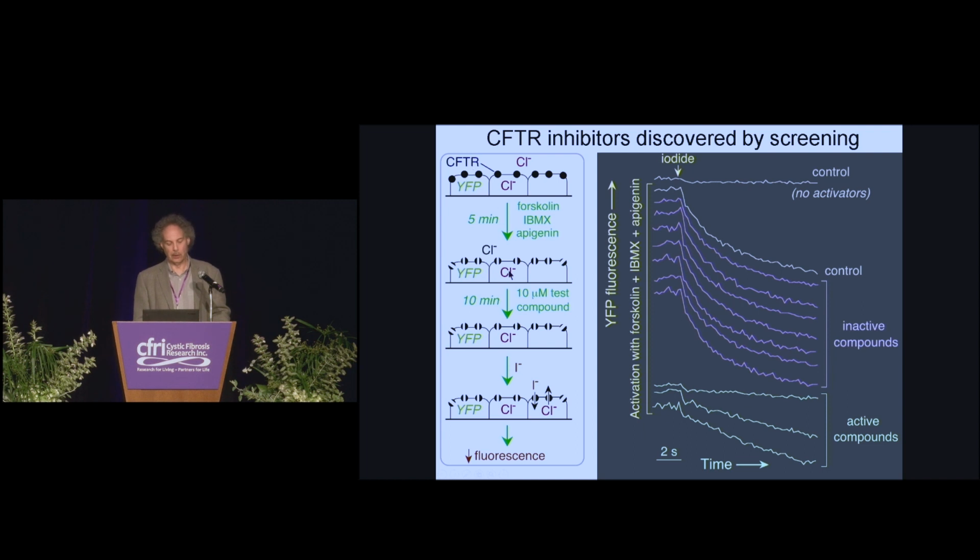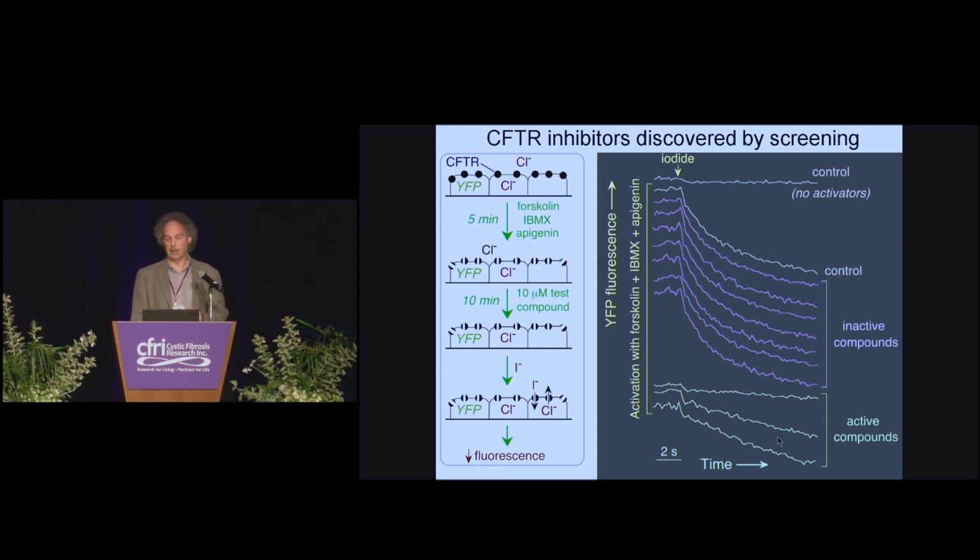We activate CFTR, add a test compound, and we've looked at more than 300,000 compounds for CFTR inhibitors, then add iodide. When the channel is open and we follow the signal in a single well of a 96 well plate, and this is done over and over again, the signal drops quickly. If the signal drops less quickly, it means CFTR has been inhibited, and this is a potential drug candidate.